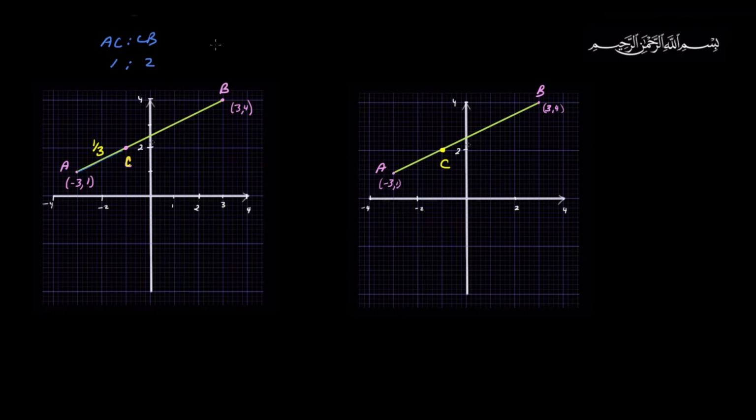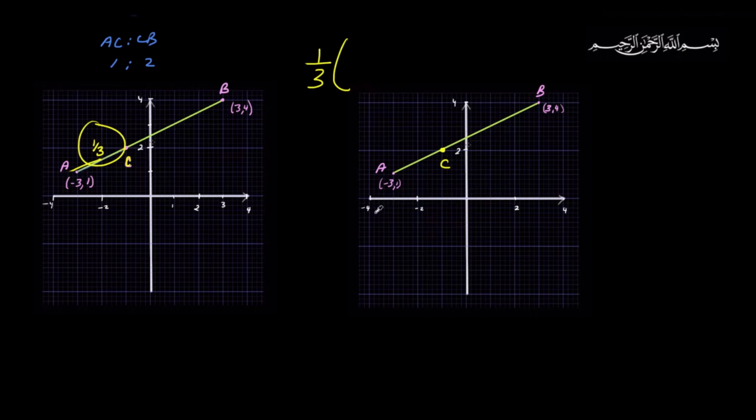You might have thought I would say the ratio is 1 to 3, but that's not true. You have to understand what this notation means, and what this notation means. This notation is saying AC is 1/3 of AB. That's what that means. This means AC is 1/3 of the whole segment.